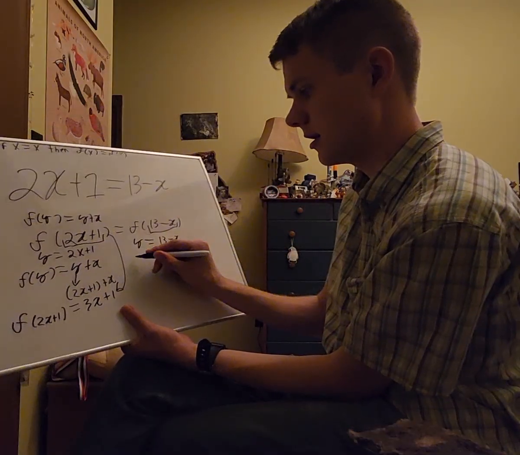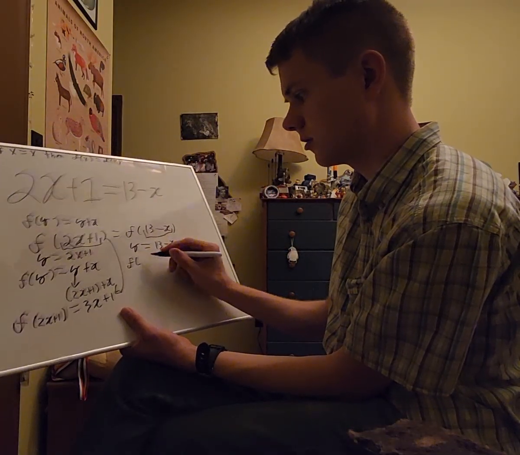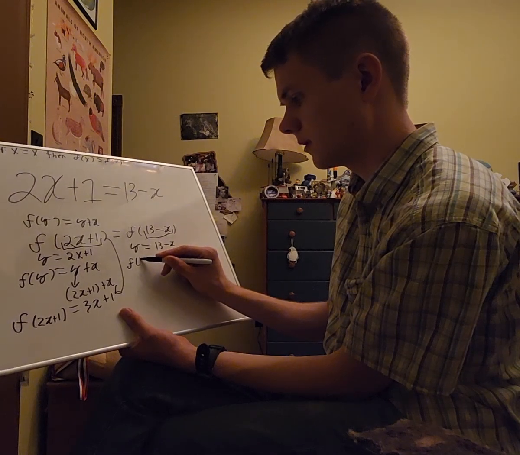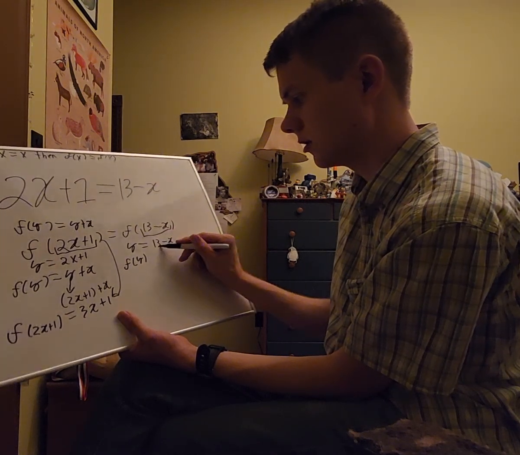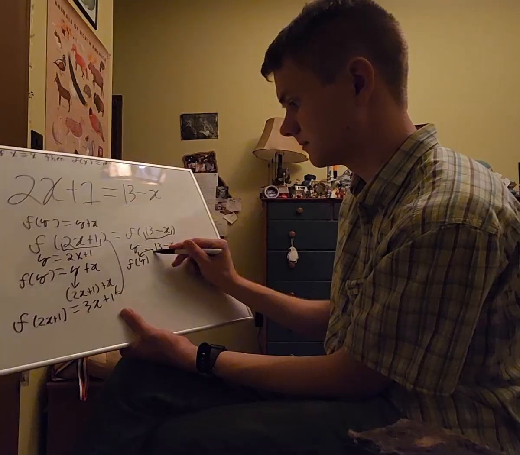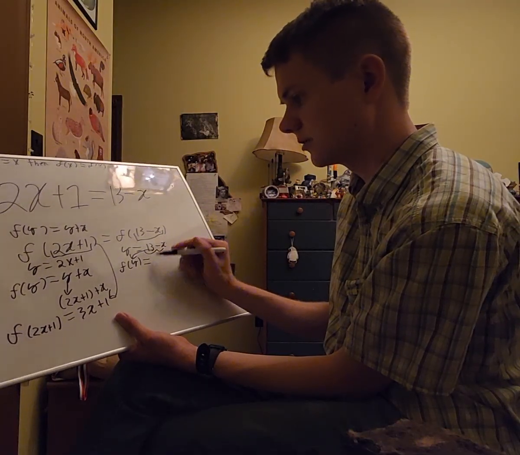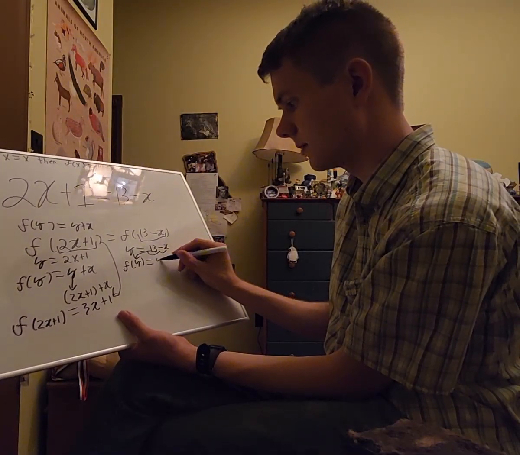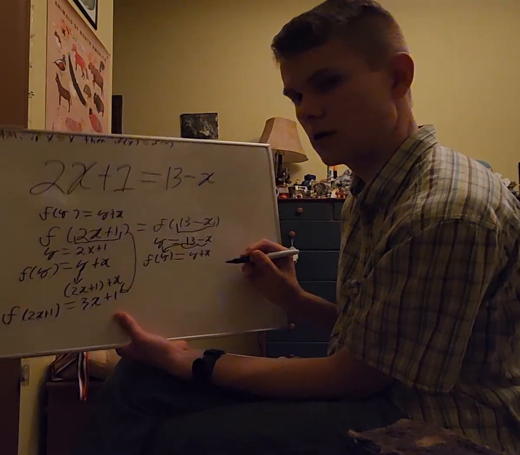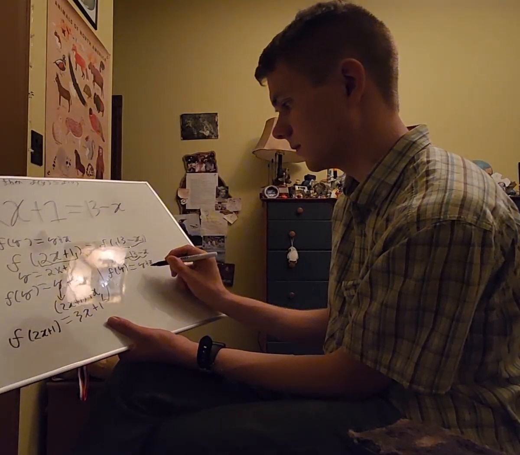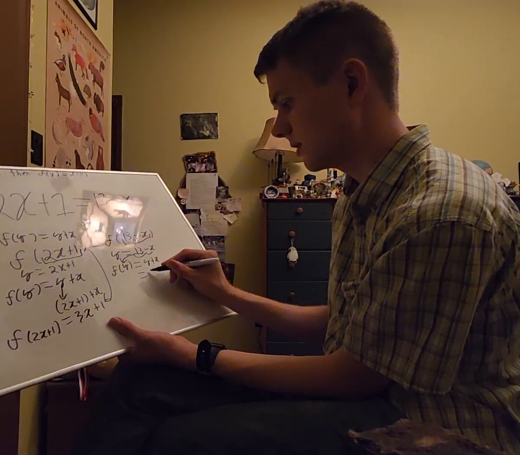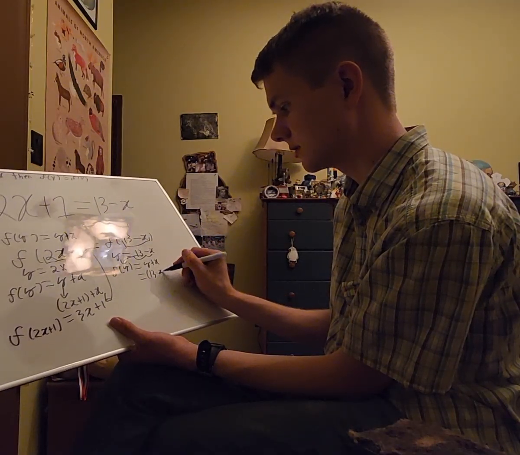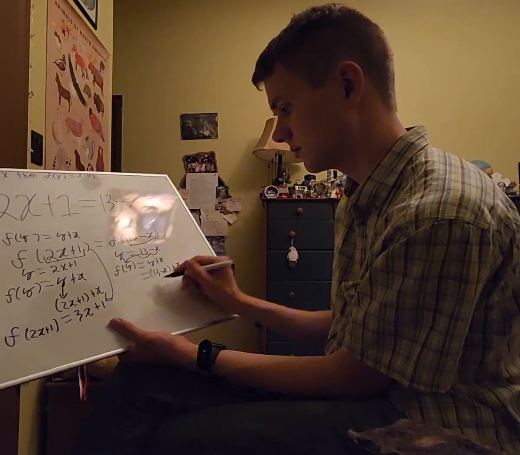Now f(y), which is again 13 minus x, is equal to y plus x. Okay, well, what's y? y is 13 minus x, so it's 13 minus x plus x.